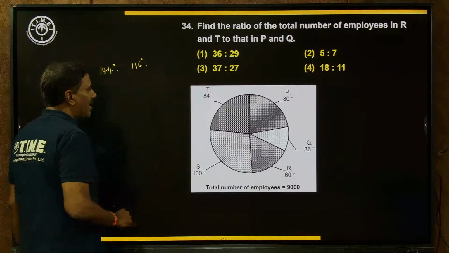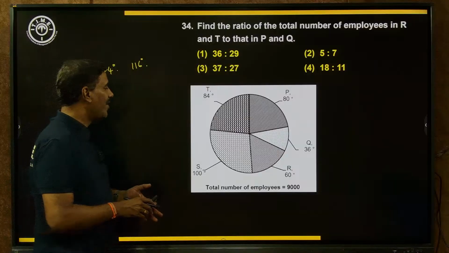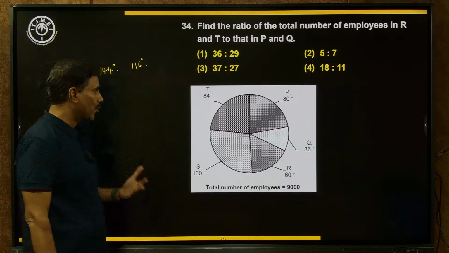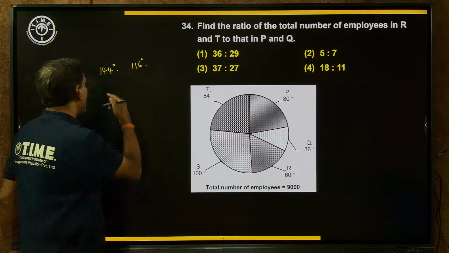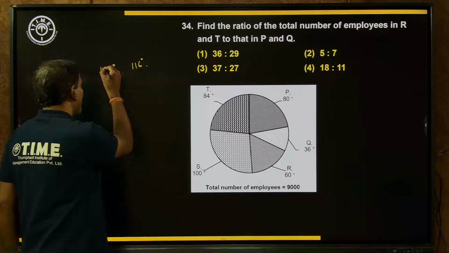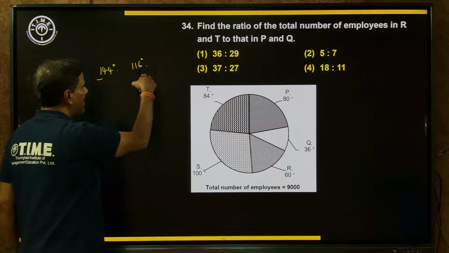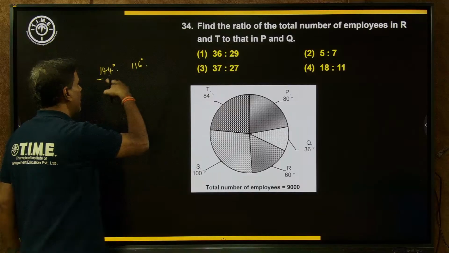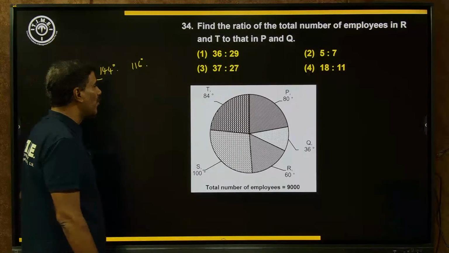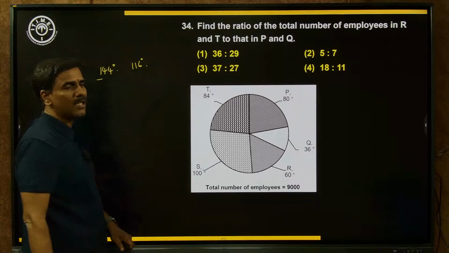Right. And normally we think we have to find the number of employees. No, we don't require that. Because here, the number of employees would be 144 by 360 into 9,000, and similarly here 116 by 360 into 9,000. The 360 is commonly present, so we can cancel that. 9,000 also we can cancel.